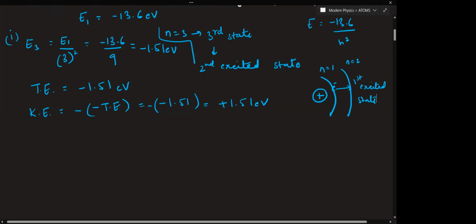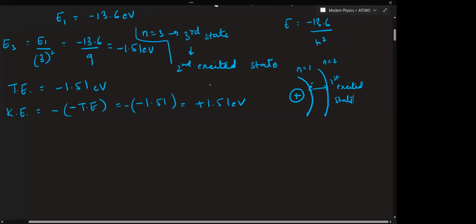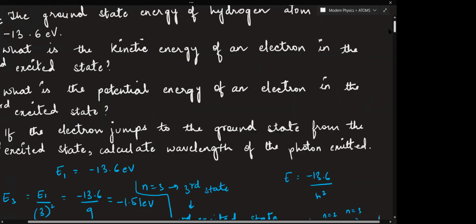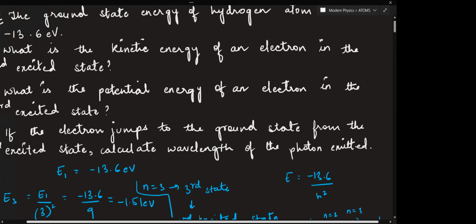Then after the first excited state, there will be another level that is n equal to 3. From the first excited state, the electrons will be excited to the next higher level, n equal to 3. So n equals 3 becomes the second excited state. So one excited state becomes higher when we are talking about the excited state.